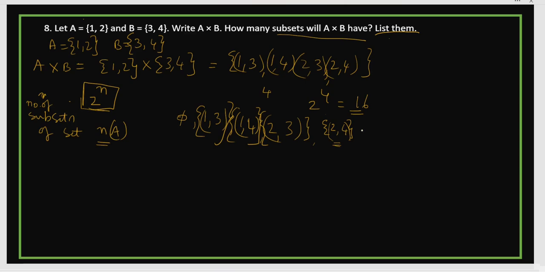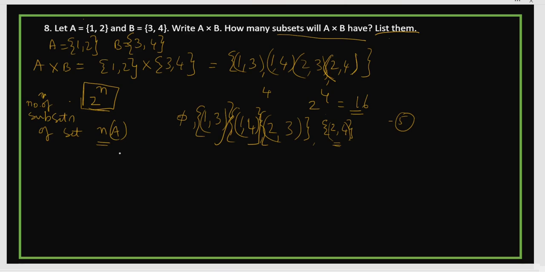Don't leave them out, otherwise it becomes 2 is an element and 4 is an element. No, it is brackets within brackets. This is the element. So this is 5 elements, right? We have to write 16 elements like this.